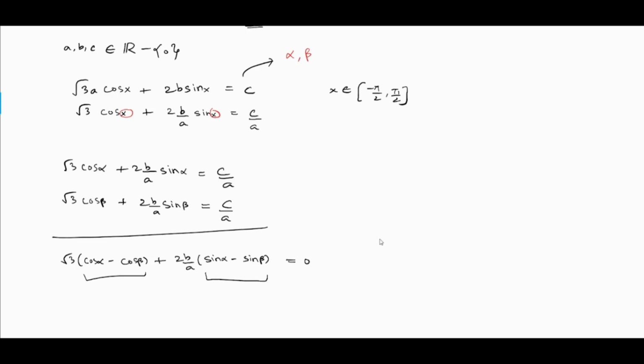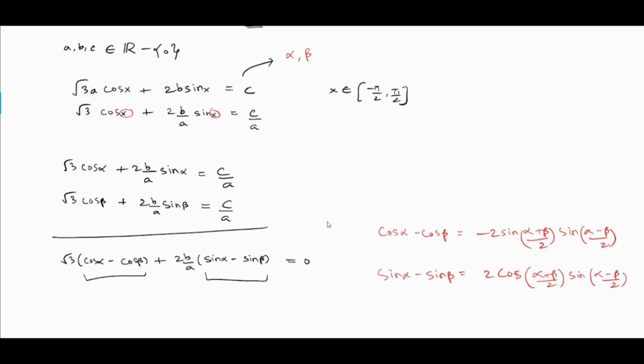We have trigonometric formulas for these: cos alpha minus cos beta equals minus 2 sine of alpha plus beta by 2 multiplied by sine of alpha minus beta by 2. And sine alpha minus sine beta equals 2 cos of alpha plus beta by 2 and sine of alpha minus beta by 2.